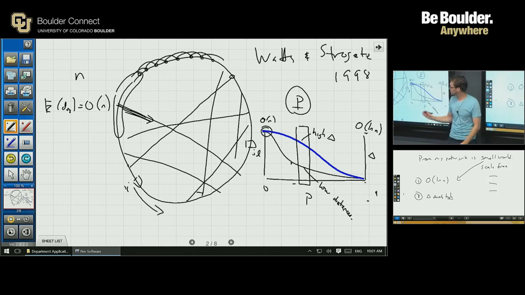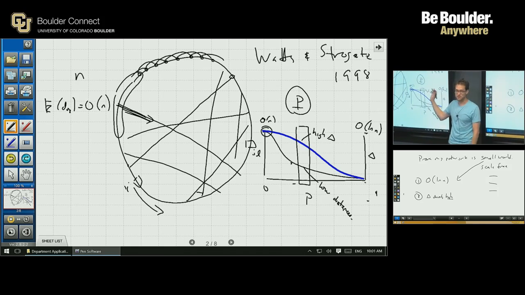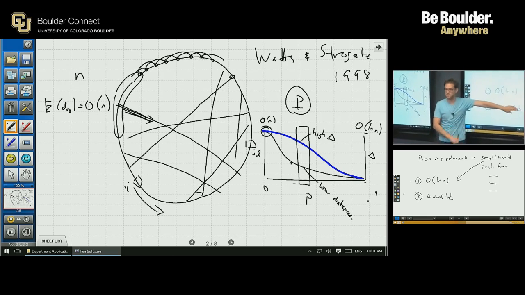So in the Watts-Strogatz model, they were using 1 and 2. They said, we want small paths, short paths, and we want lots of triangles. In the mathematical graph theory world, they typically ignore this one and just talk about path length.